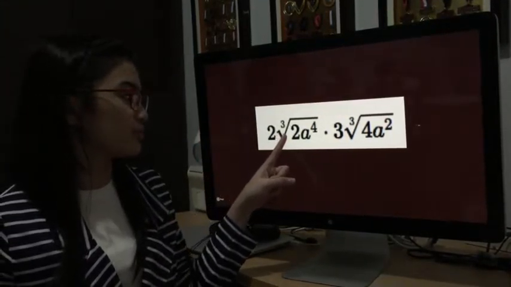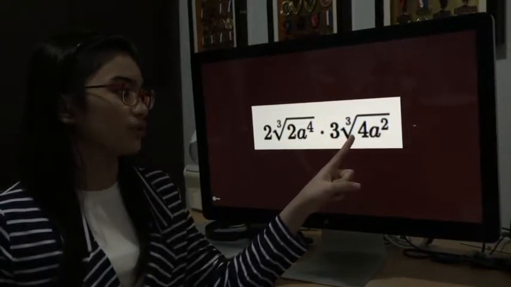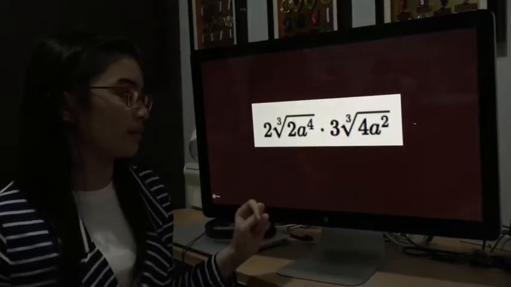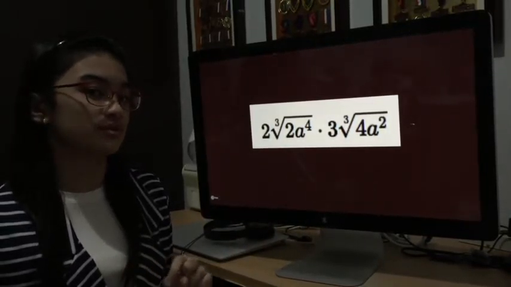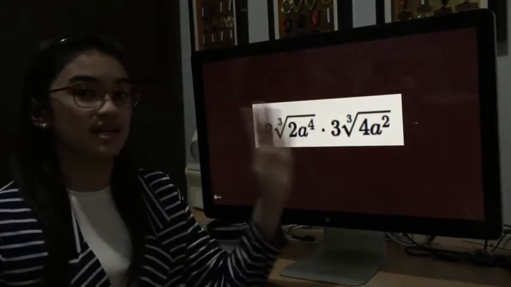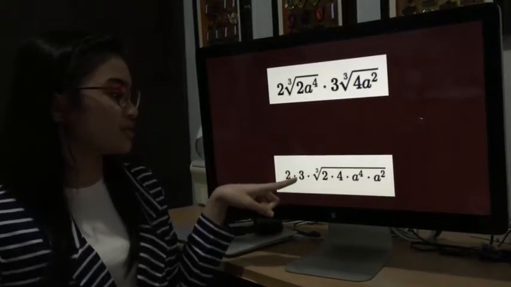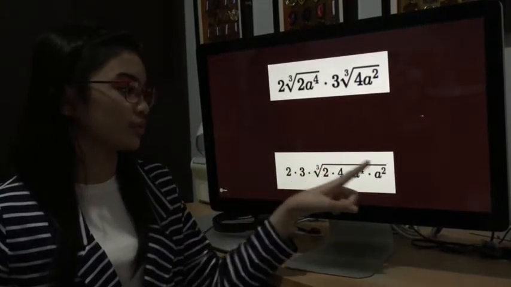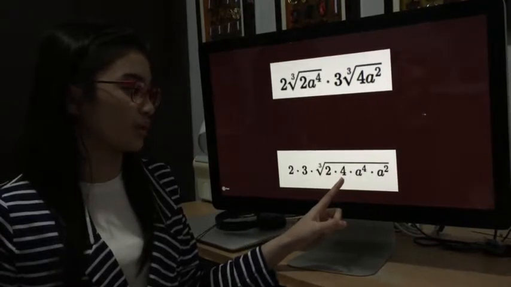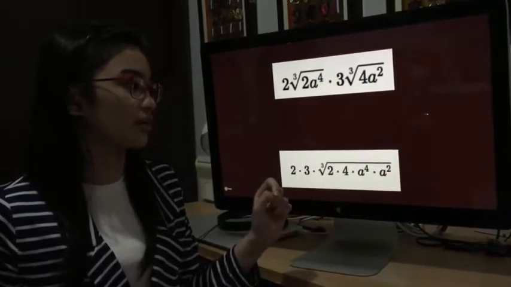2 cube root of 2a to the 4th power times 3 cube root of 4a to the 2nd power. Now the first thing we must do is separate the terms. Remember that 2 and 3 are separate from their radicals. So it will be equal to 2 times 3 times cube root of 2 times 4 times a to the 4th power times a to the 2nd power.